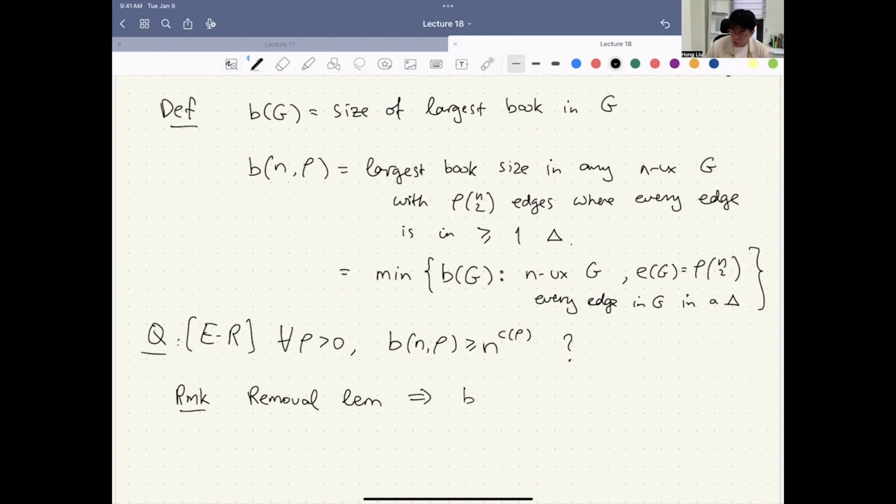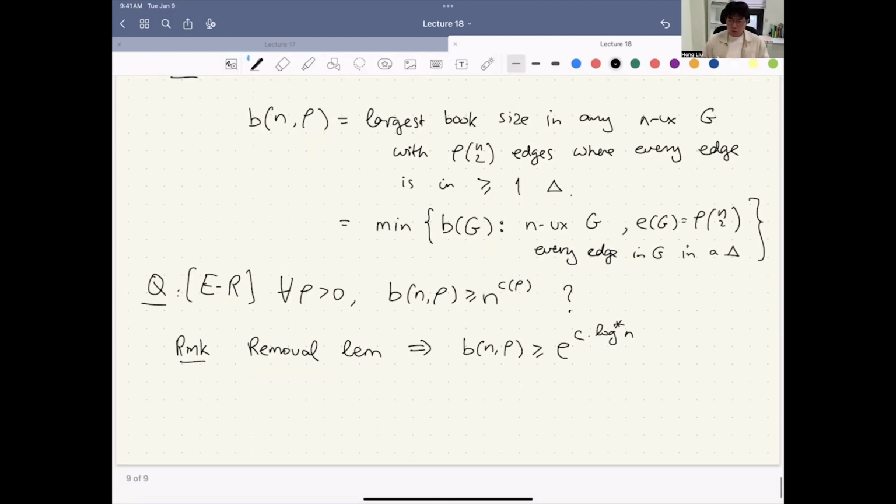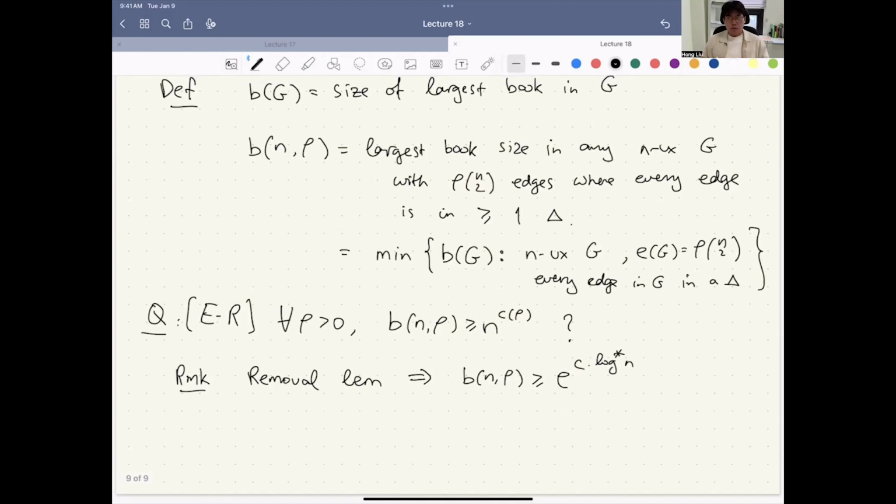This will imply a lower bound of the form, but much smaller, e to some constant times log star n, which is an iterated log function of n. Whatever, you can obtain some bound. This was disproved by Fox and Loh about 10 years ago. That's the construction I want to talk about next.